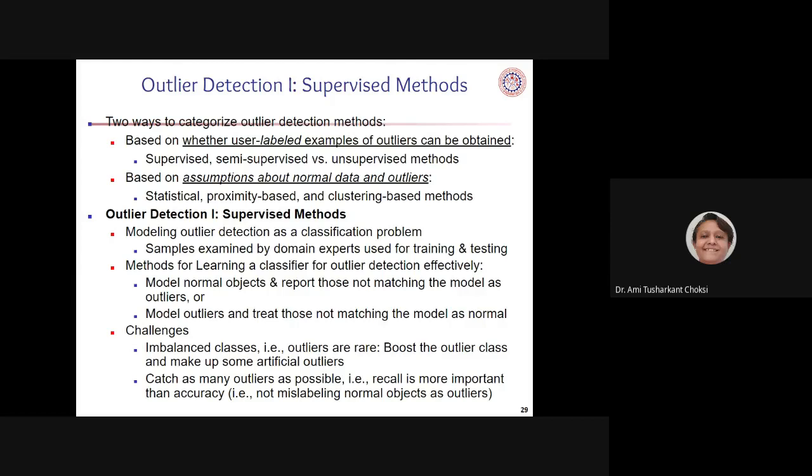The second is based on assumptions about normal data and outliers.